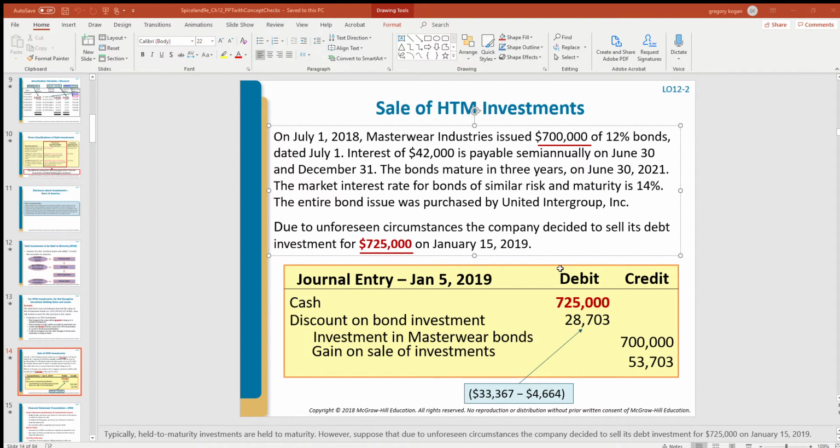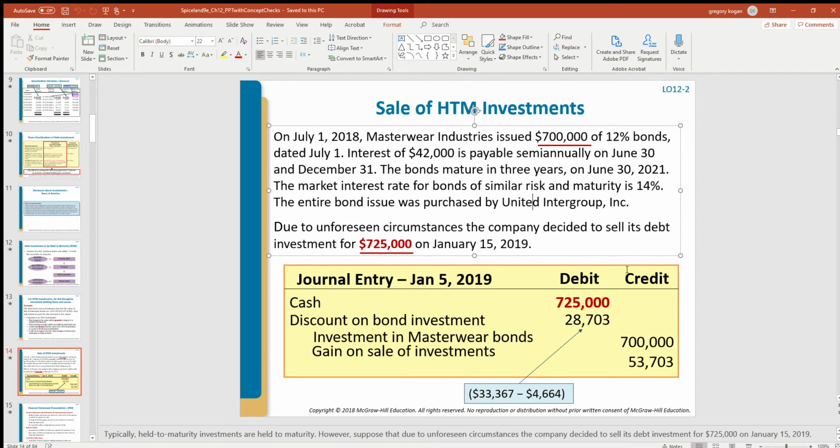Where is our discount residing? What do we have in the discount? Okay, and 33 minus 464. Okay, so given that, when did they sell it? January 15th, 2019. So it's actually right here that they're going to sell it. So the discount is still at 28,703.